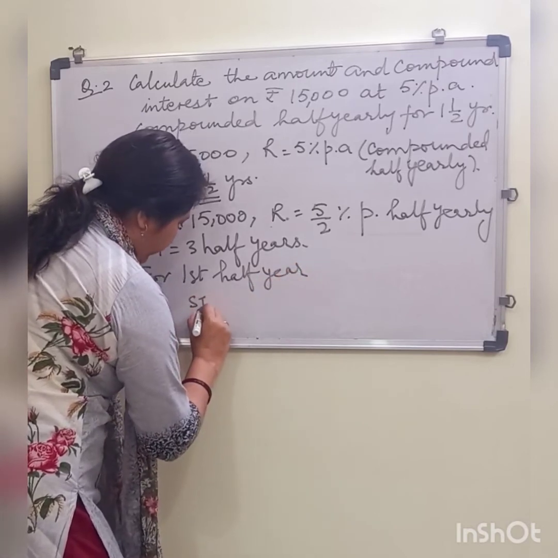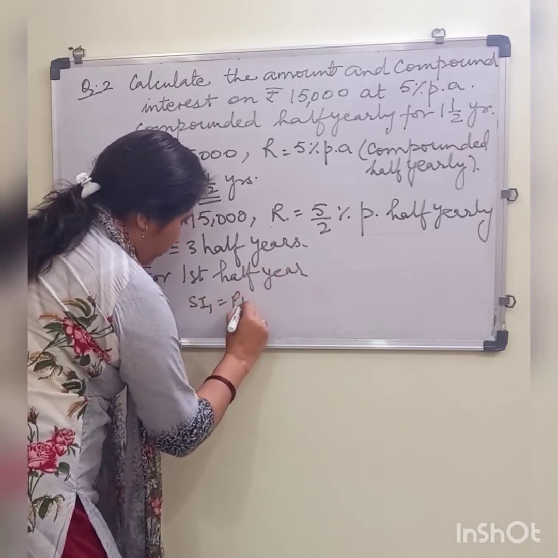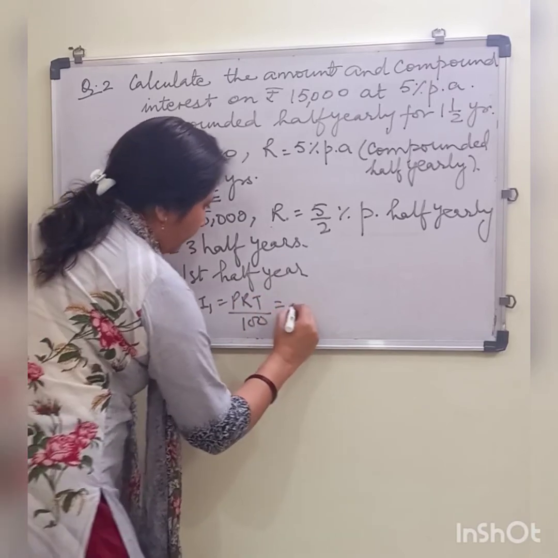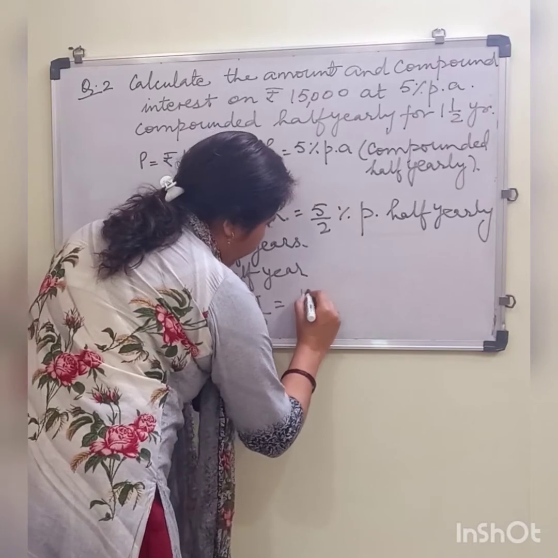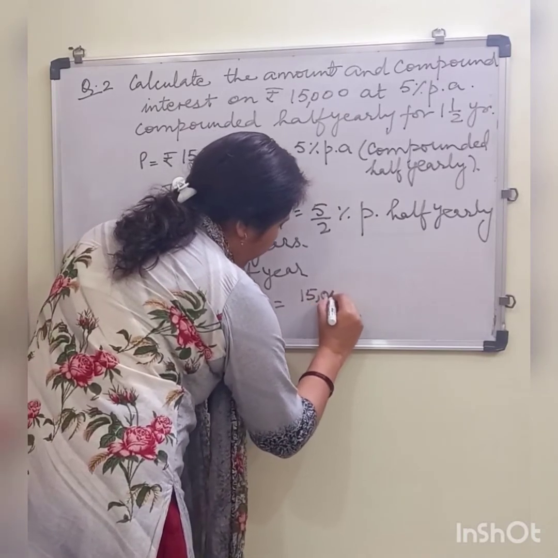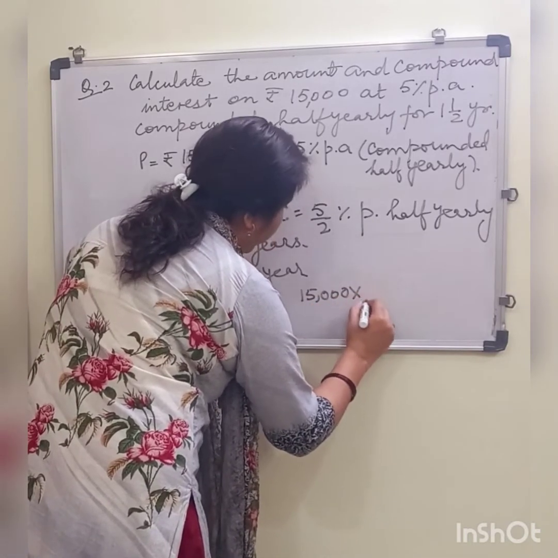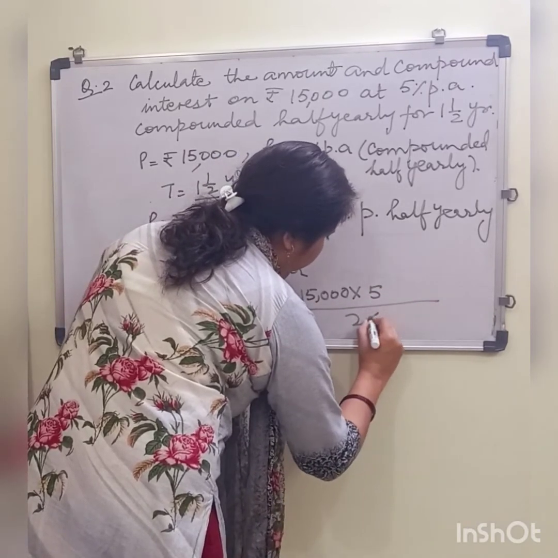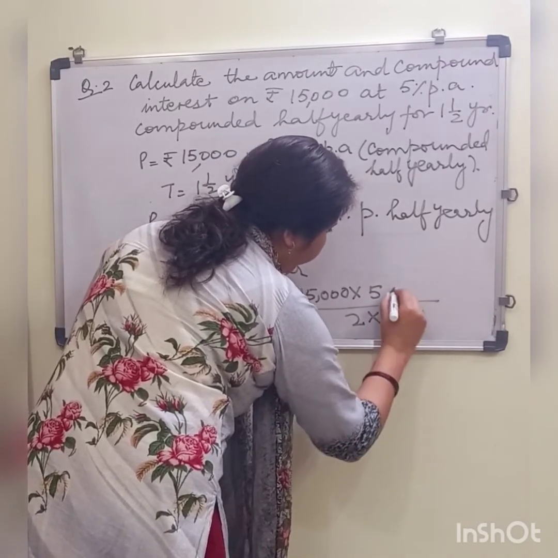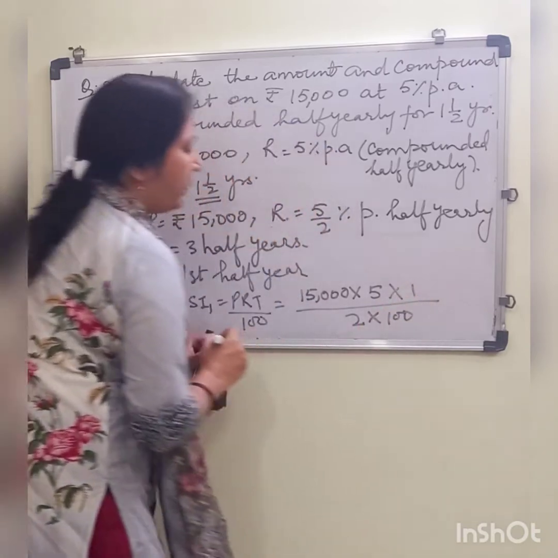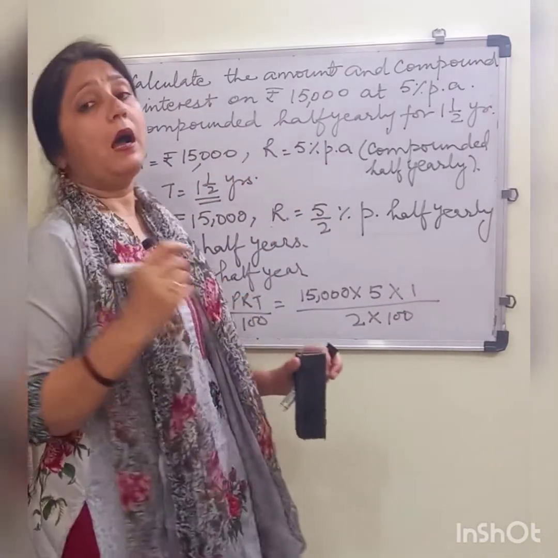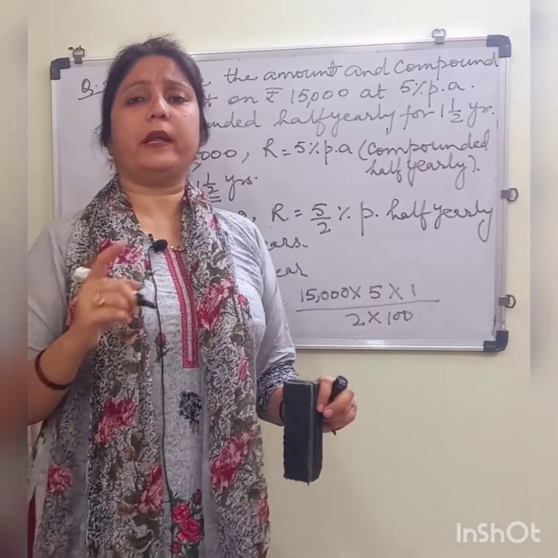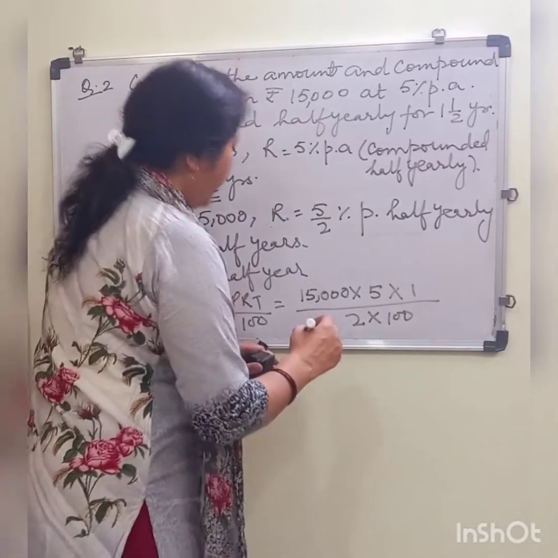SI1 is equals to PRT over 100. आप P का वैल्यू पुट करो, that is 15,000. Rate is 5/2, into 100. Time is 1 because you are doing it for first half year. So you will put it as 1 only.